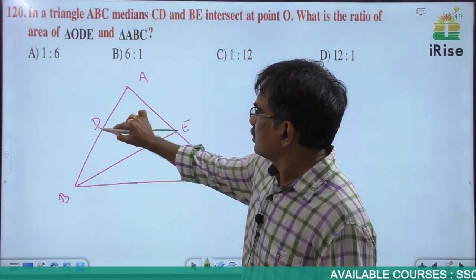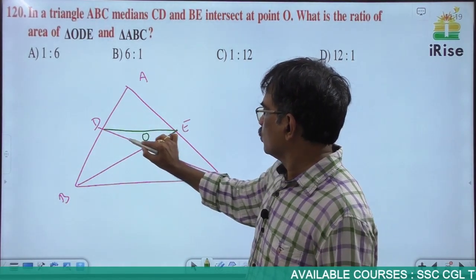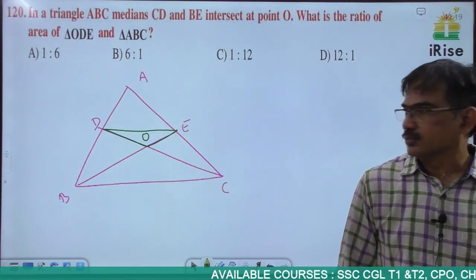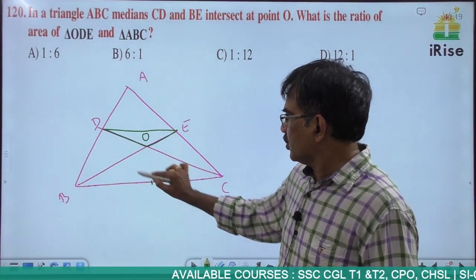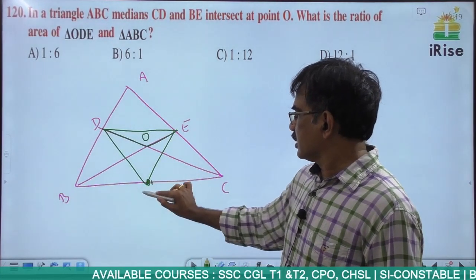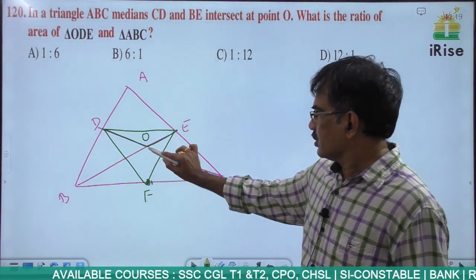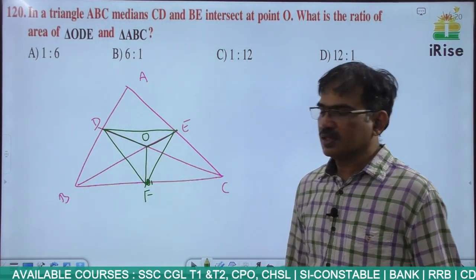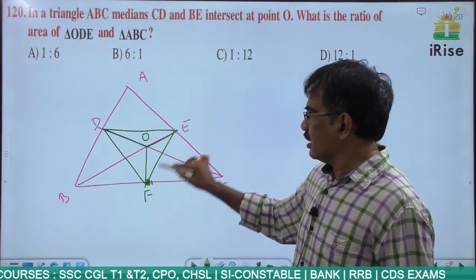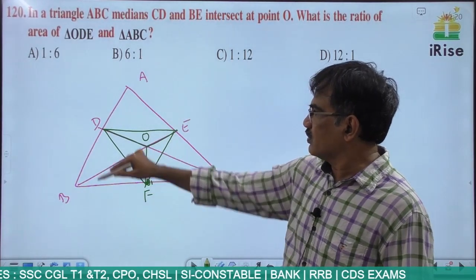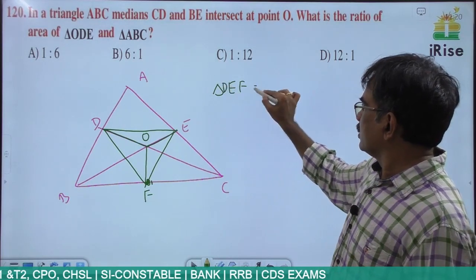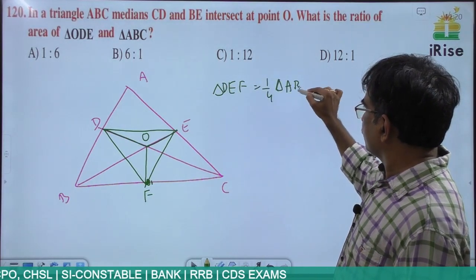Join this. This is the triangle ODE and ABC. Okay, if you consider this as the midpoint, join here like this. This is the midpoint. Consider this as F. Join like this. I have given one important point. The triangle formed by the midpoints is 1/4 of the total triangle. Triangle DEF area is equal to 1/4 of triangle ABC.